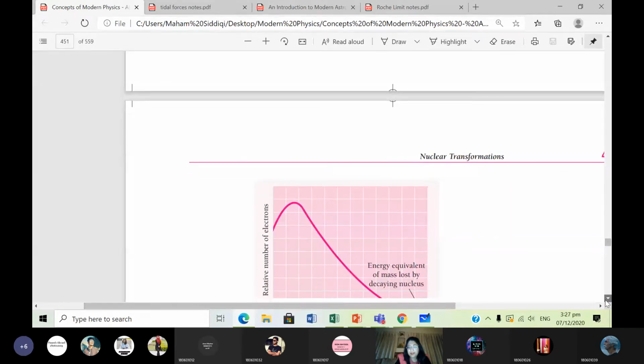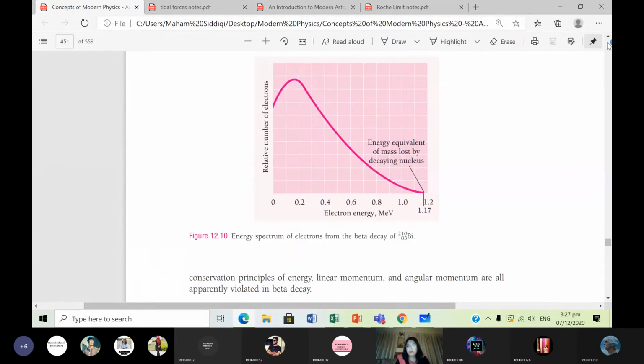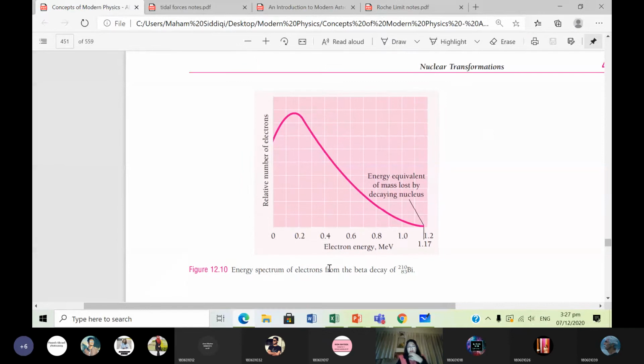This is the energy diagram, the energy spectrum of the electrons. As you can see, there's a peak over here, and we reach the maximum energy over here. The relative number of electrons reaches a peak over here, and here we get the maximum energy.